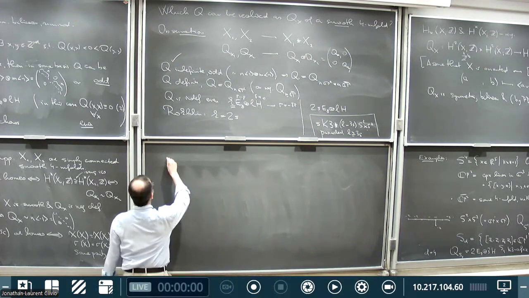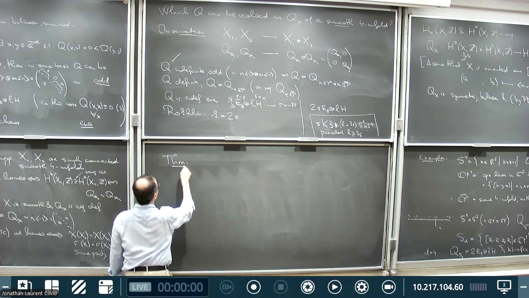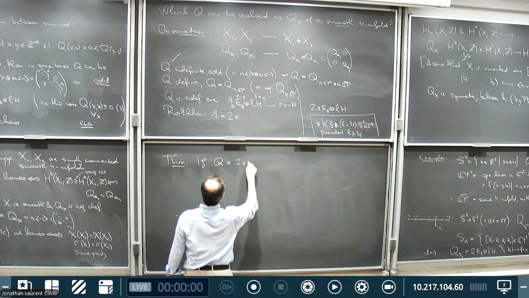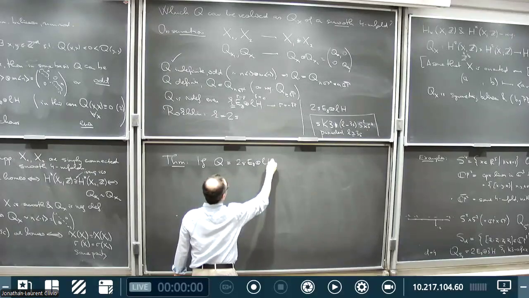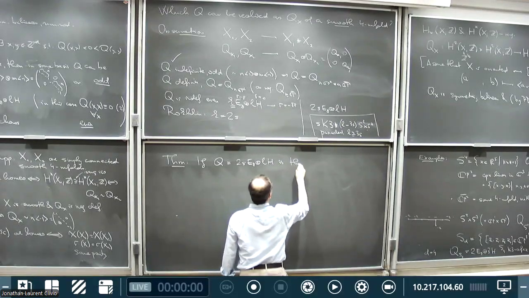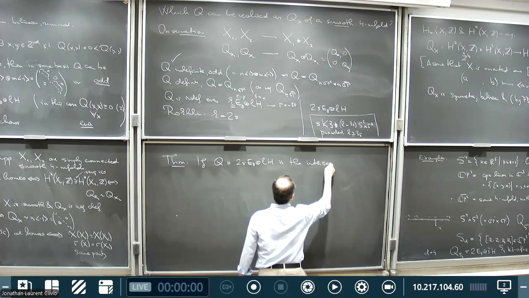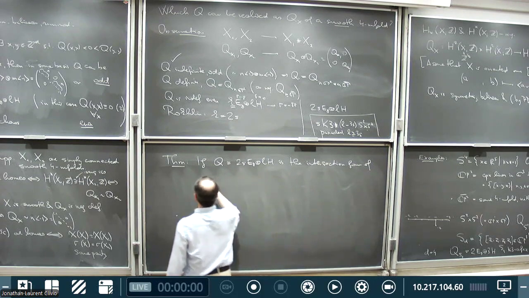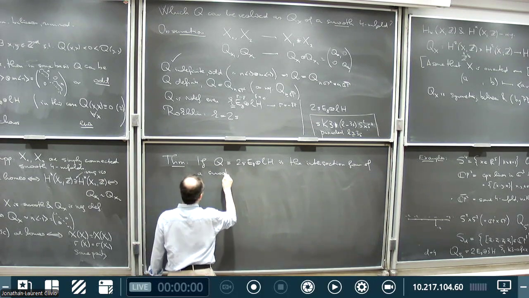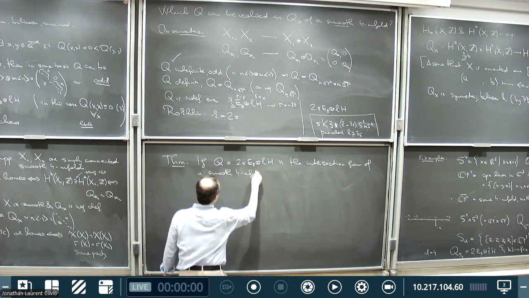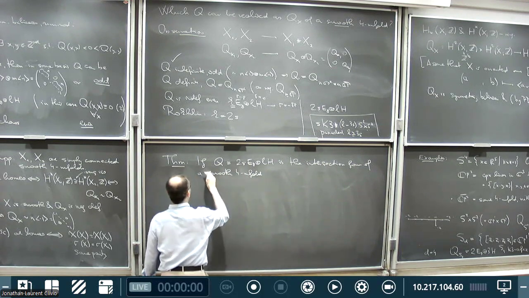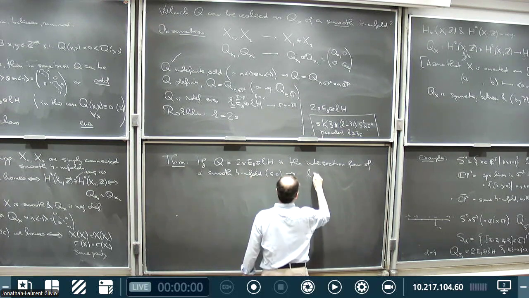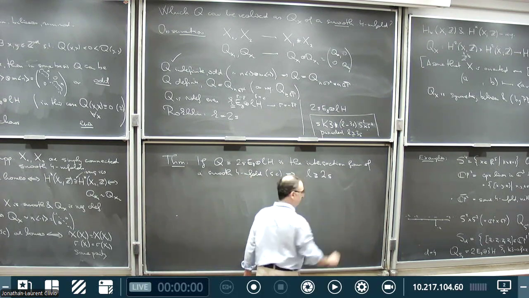in the theorem, if 2s E8 plus l H is the intersection form of a smooth symplectic four-manifold, then l is at least 2s.